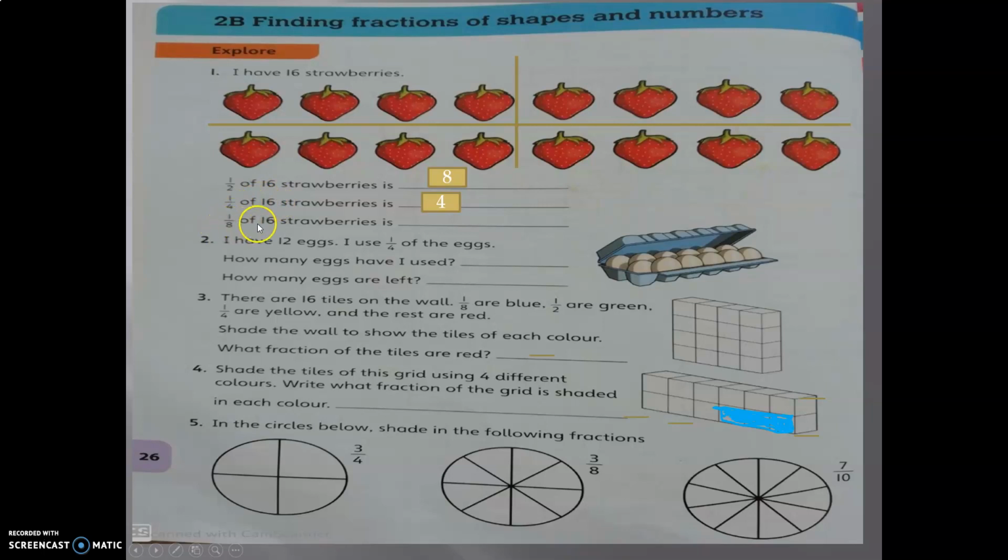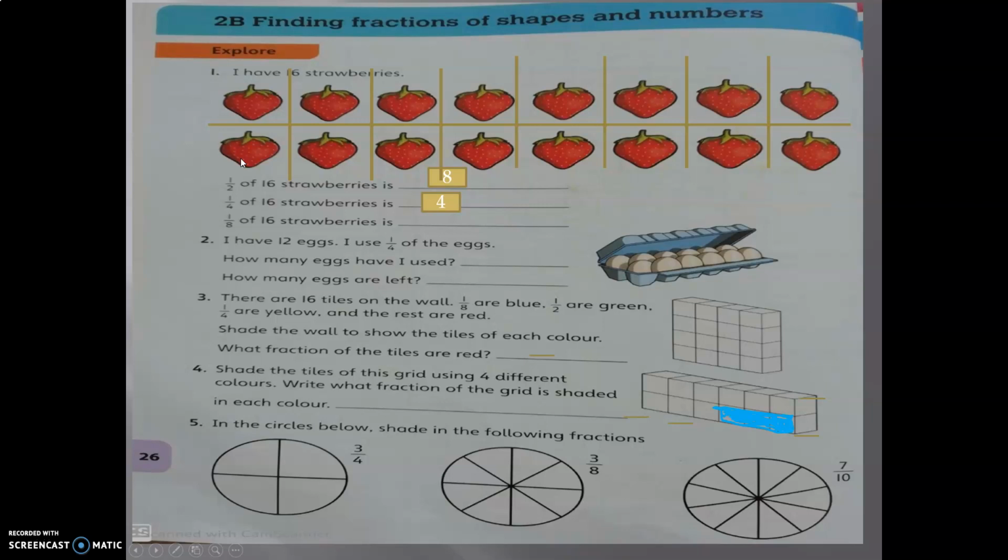1 out of 8 of 16 strawberries. Okay, so if you look at the denominator, you will understand how many groups I need to cut my set of strawberries into. I need to cut my strawberries into 8 equal groups. Let us see. Okay, so I have 1, 2, 3, 4, 5, 6, 7, 8. I cut my set of strawberries into 8 equal groups.